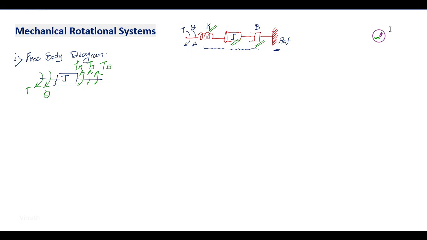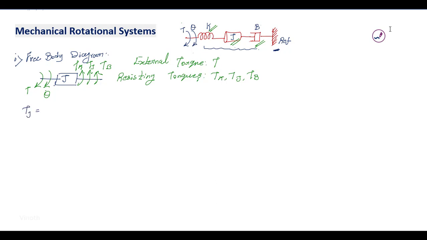By applying Newton's law of motion, the external torque applied here is T, and the resisting torques are Tk, Tj and Tb. What is Tj?